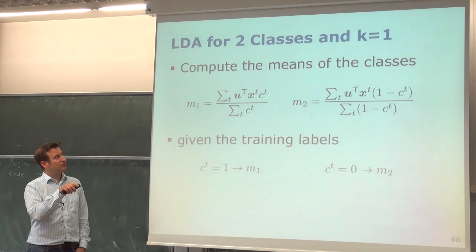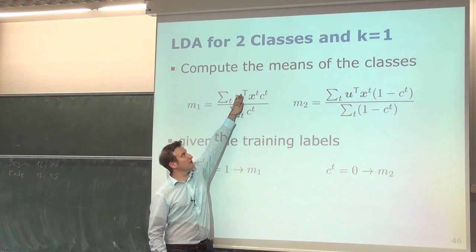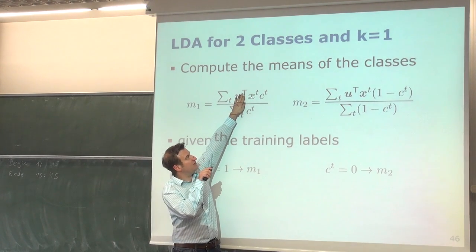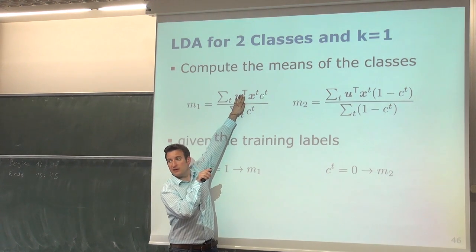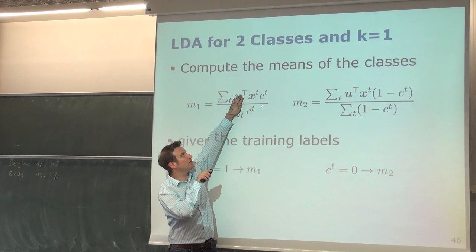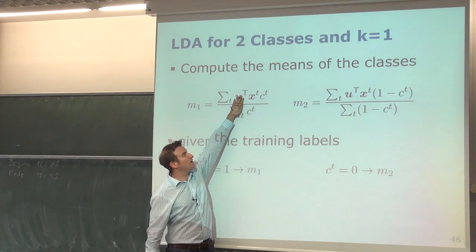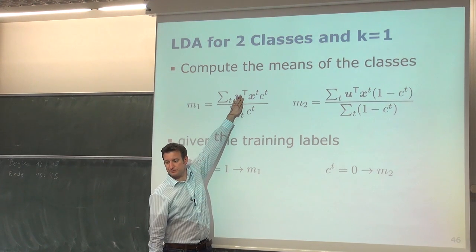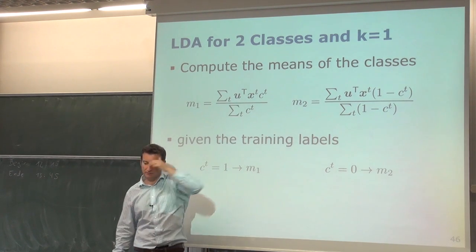So what this expression does, if we ignore U for the moment, is the sum over all data points xt times ct. This is 1 if you're in class number 1, and 0 if you're in class number 2. So it will only count those points which belong to class number 1.